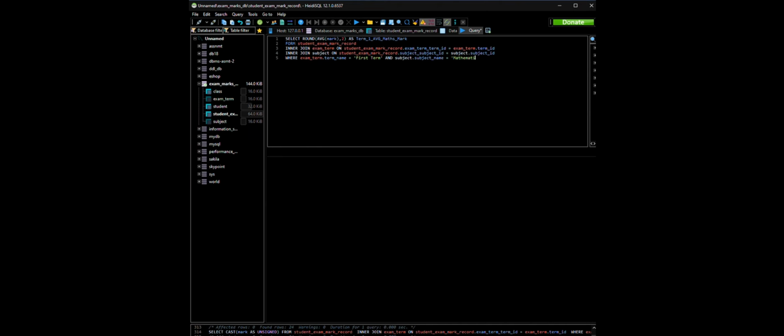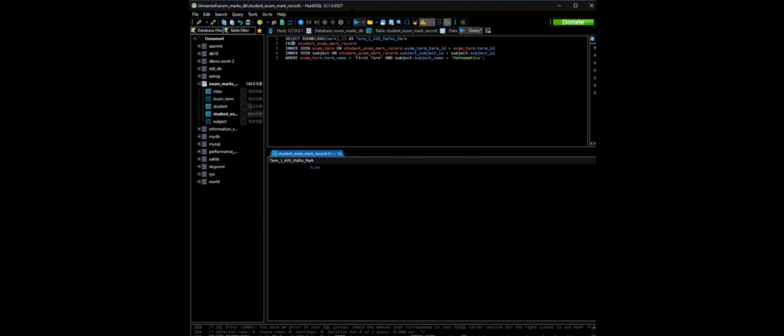So these are the values according to our question. Now we're going to click on search and see if we get our answer. Yeah, so we made a small typing error here. This should be from. So we have the average maths marks as 71.84. So this is the answer for this question.